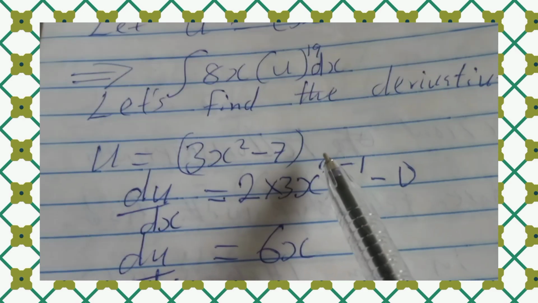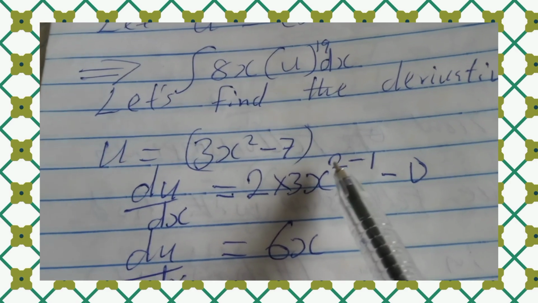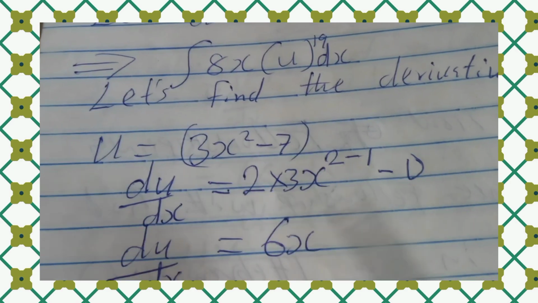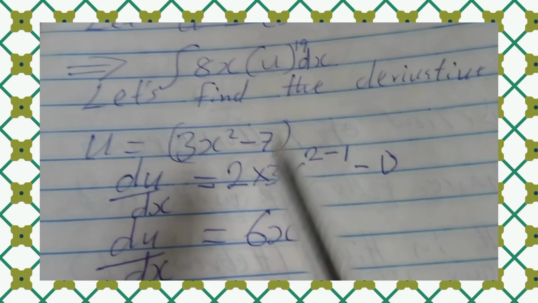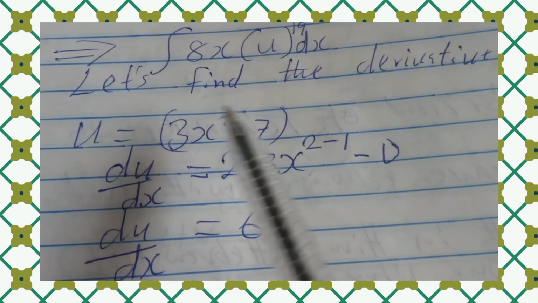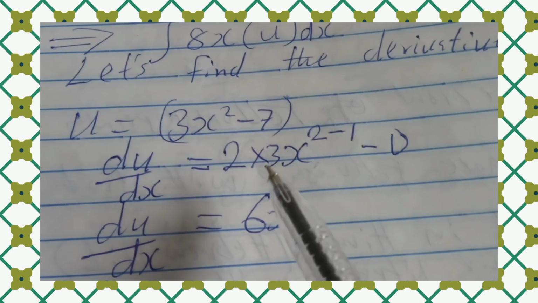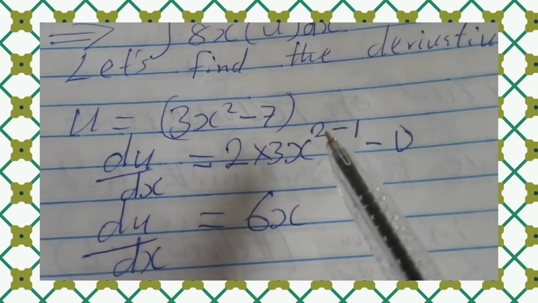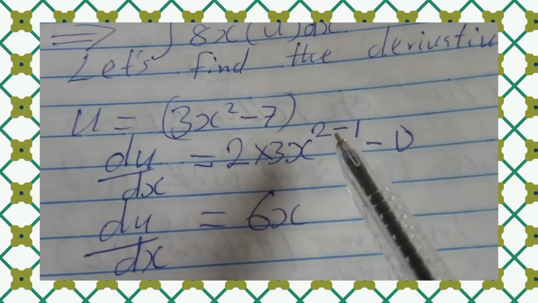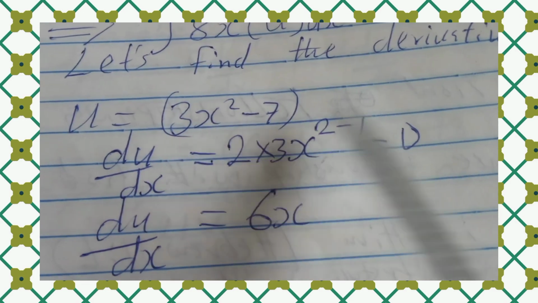Then we still have the power of 2 on top of the x, and we subtract 1 from the power of the 2. That means in differentiation we are subtracting 1. So the derivative of 3x² becomes 2 times 3x to the power of 2 minus 1, and when you derive a constant, it is 0.